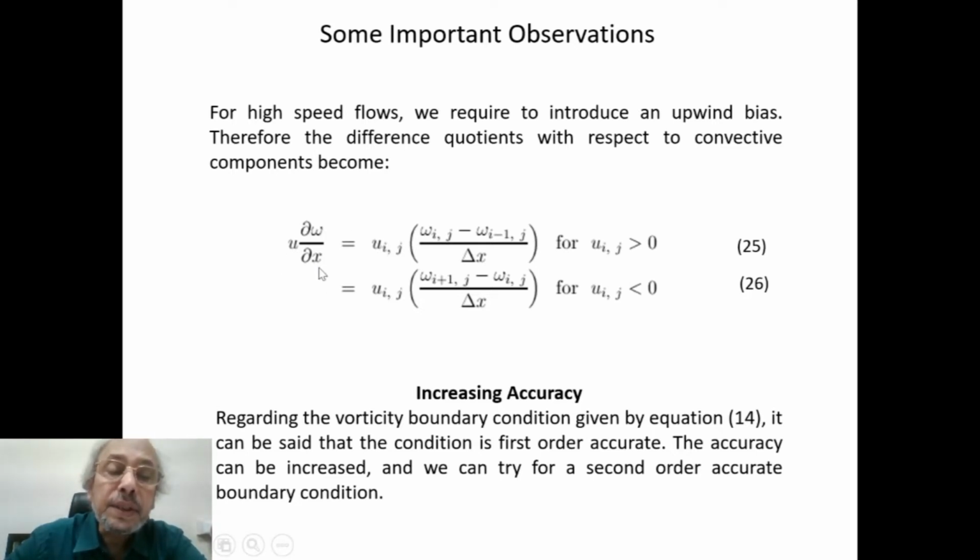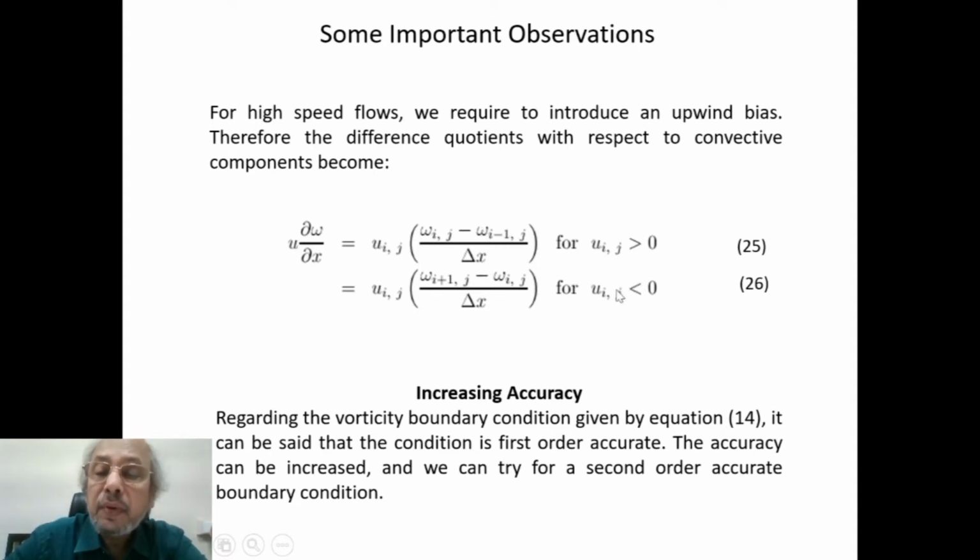When we discretize it for local velocity u_ij positive, it will be u_ij times (omega_ij minus omega_i-1,j), the upstream point, divided by delta x.